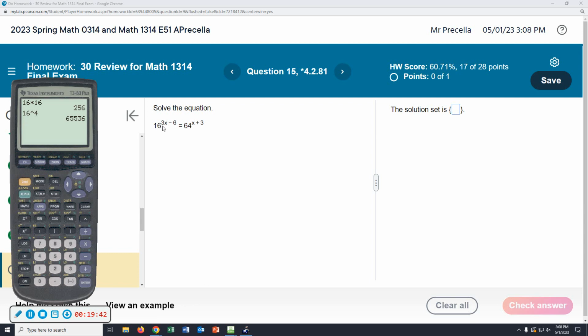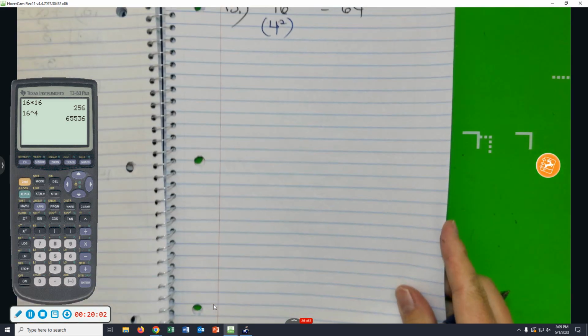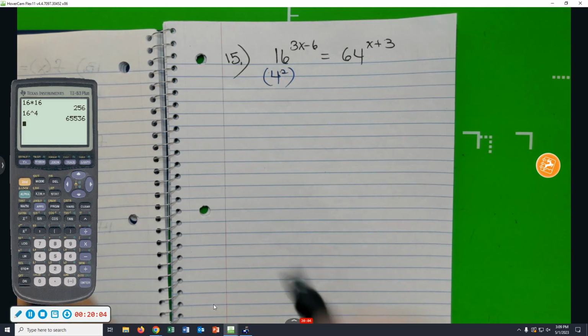What fact from the multiplication table? Start with the smaller number, 16. You want to write 16 using an exponent. What number squared would give you 16? Okay, 16 is the same thing as 4 squared.